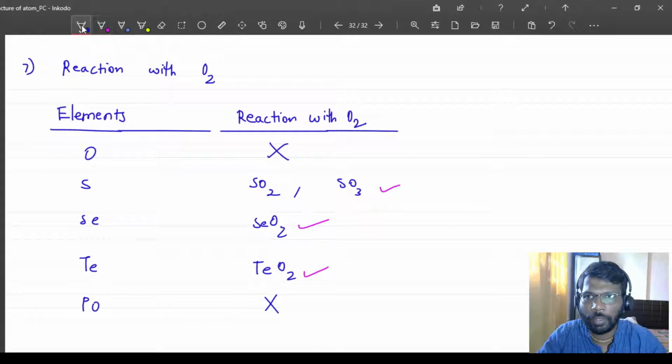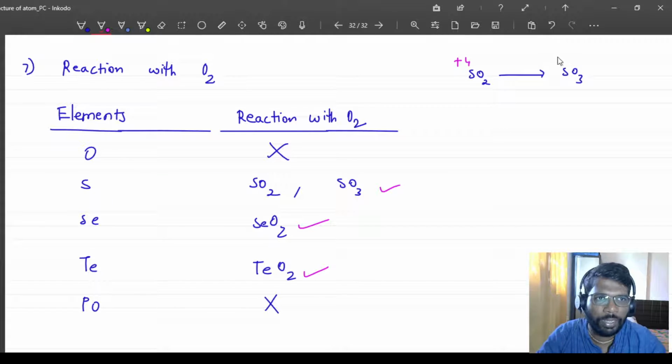Now here, the oxidation state: if sulfur dioxide is changing to, let's say, SO3 by further reaction with oxygen, then the oxidation state of sulfur is +4 here and +6 here. It means sulfur is changing from +4 to +6.